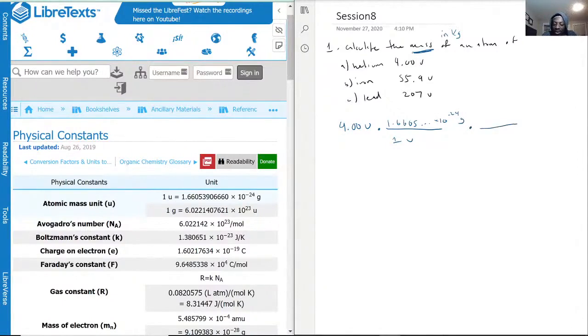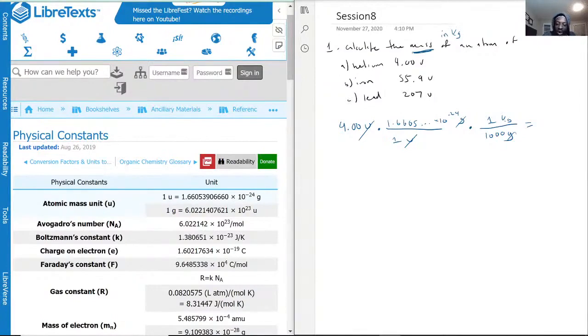But they want kilograms, and we do the same exact thing. We know that there's 1,000 grams in 1 kilogram. So now watch this. These units will cancel out, these units will cancel out, and what you get is a value that's put in the calculator. So 4.00 times 1.6605 times 10 to the power of negative 24, divided by 1,000.